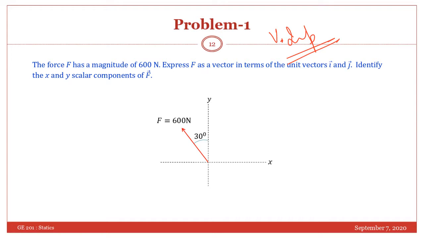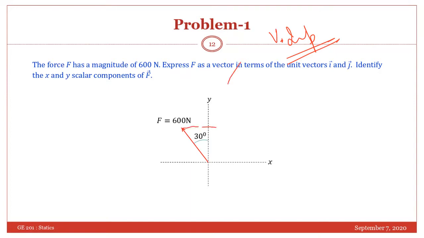Yes, Mr. Omar. Because this is rectangular, we use the sine and cosine. So we say 600 sine 30 for the x component, and 600 cosine 30 for the y component, because in this problem this is the angle side.